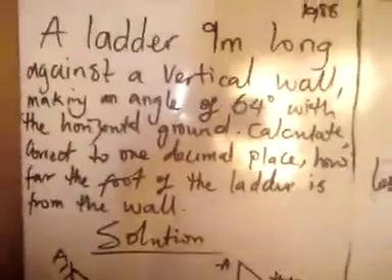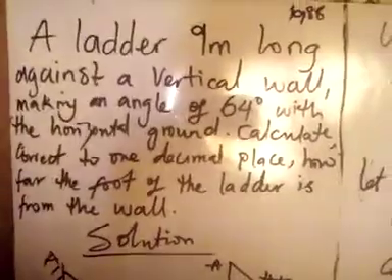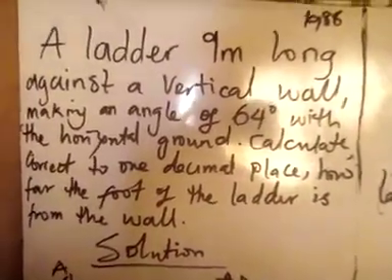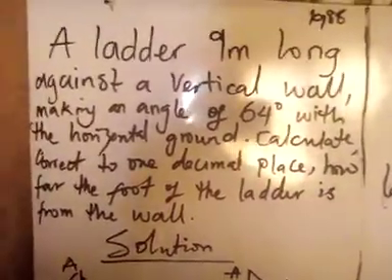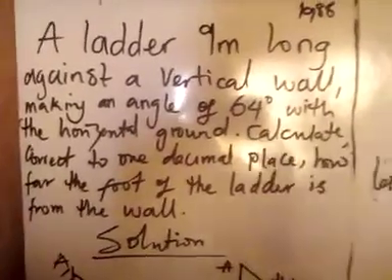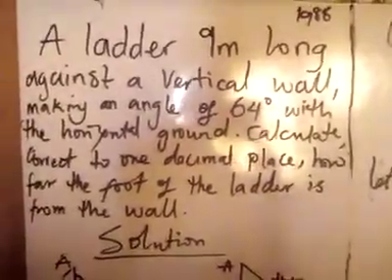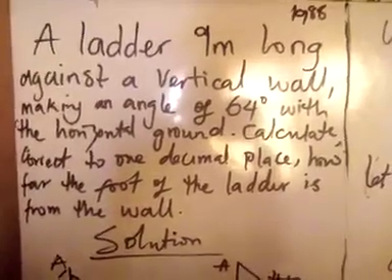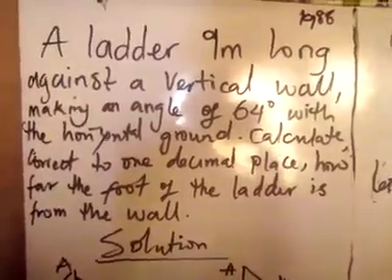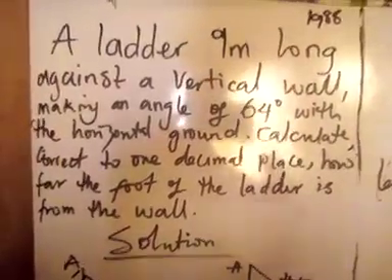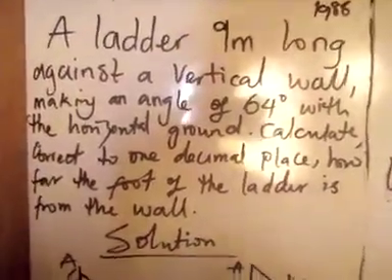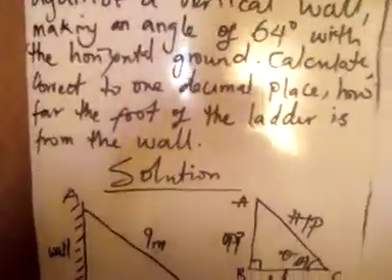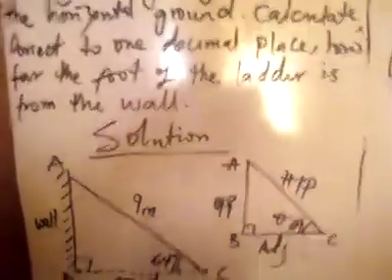So this is a typical question that has to do with a real world problem, because of course you must have seen a ladder before. You must have seen somebody climbing a ladder that is standing against a vertical wall, and of course this is for you to be able to solve this kind of question.